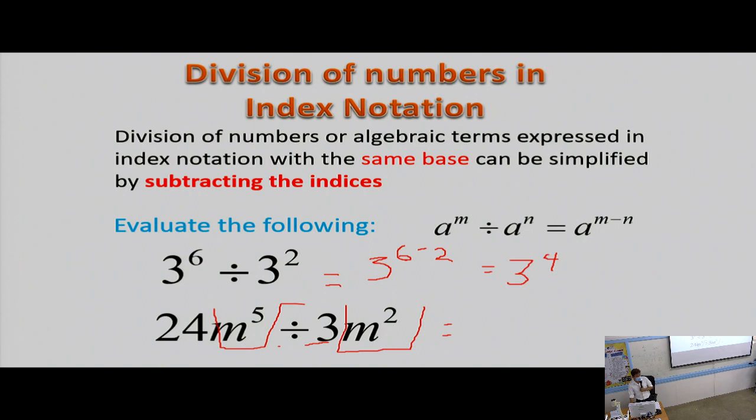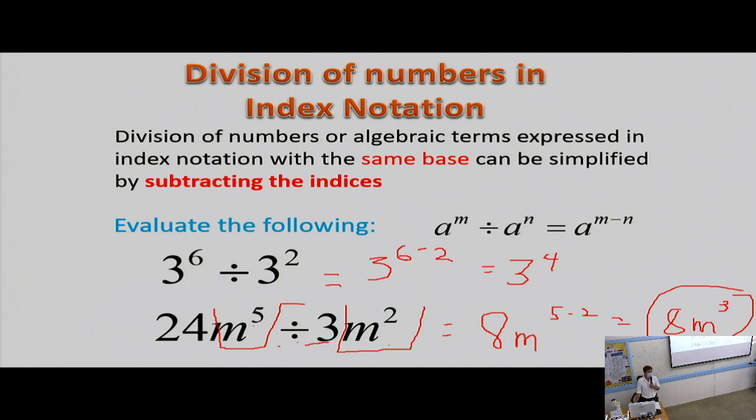That is 8. And what is m to the power of 5 divided by m to the power of 2? M to the power of 5 minus 2, which is m to the power of 3. So 8m to the power of 3, and this will be your answer.